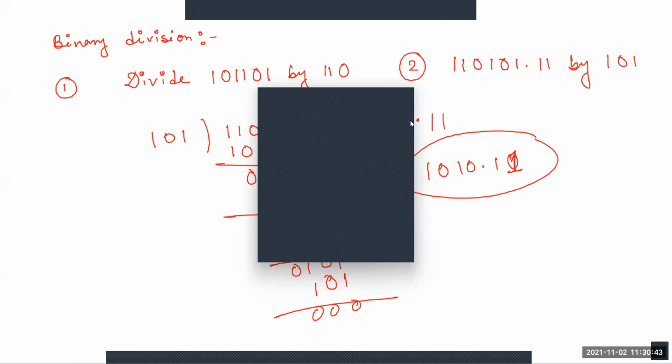If you are getting this answer, so your answer is correct. If not, then your answer is wrong. Okay. So you want another problem for binary division?